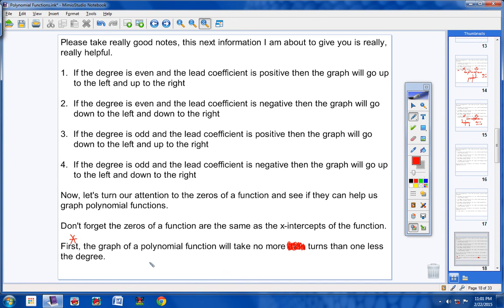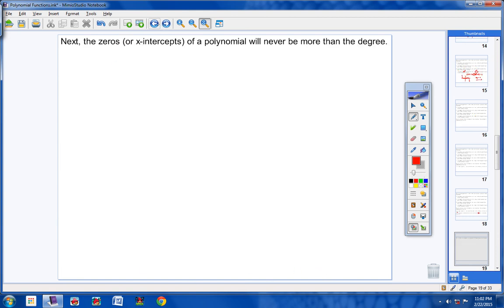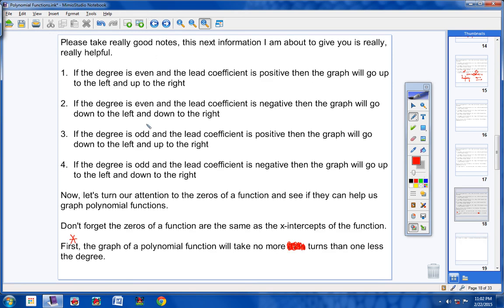Now it doesn't have to take that many turns, but at the most it will take 1 less than the degree. Copy that down, then I'm going to explain it to you a lot better, okay? Copy that down. The graph of a polynomial function will take no more turns than 1 less than the degree. Copy that down, please.